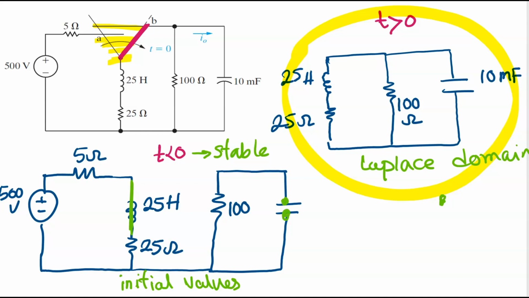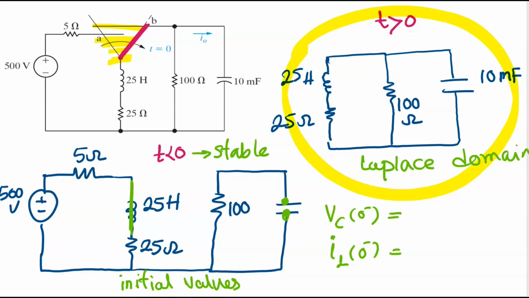And now I should be able to solve this circuit before zero to find my initial parameters. What are initial parameters? The initial parameters are the voltage of the capacitor before zero and the current of the inductor before zero.